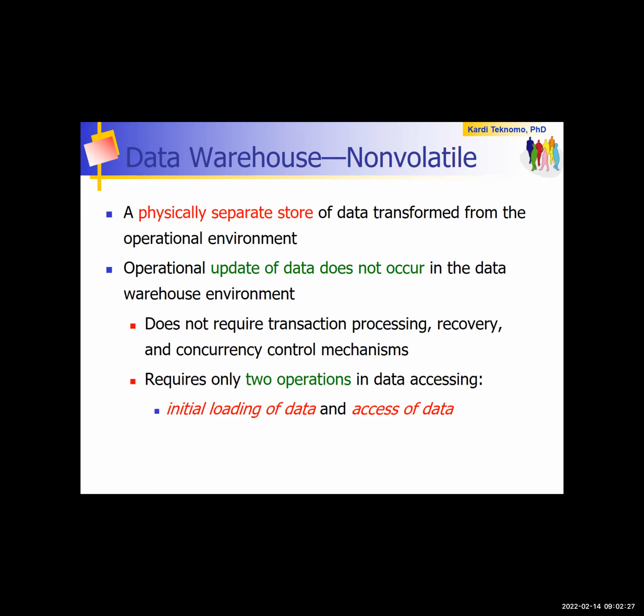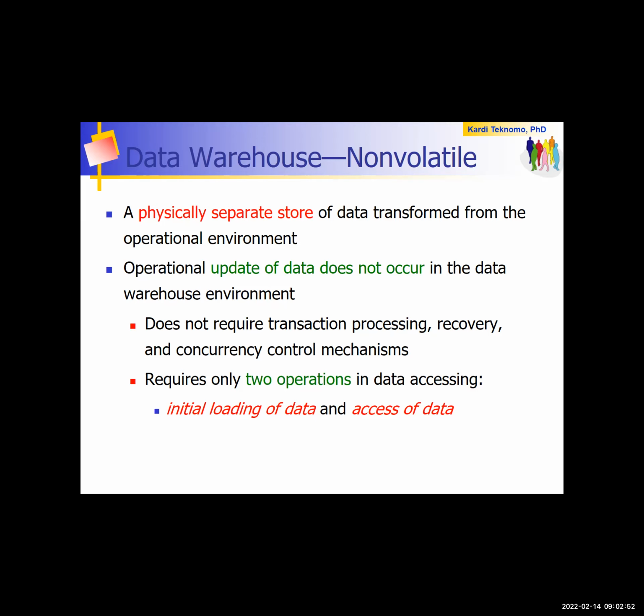What does it mean? In transaction processing, there is a concurrency control mechanism, right? So when there is a transaction in the database, for example, you want to write into the database, the database is locked from the others. For example, you have many database systems.